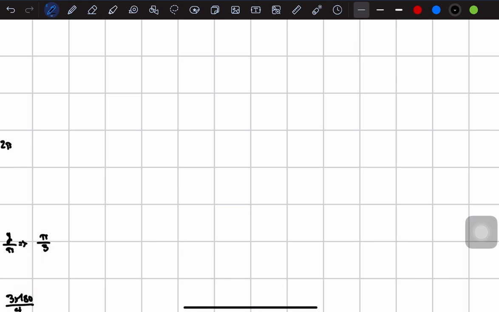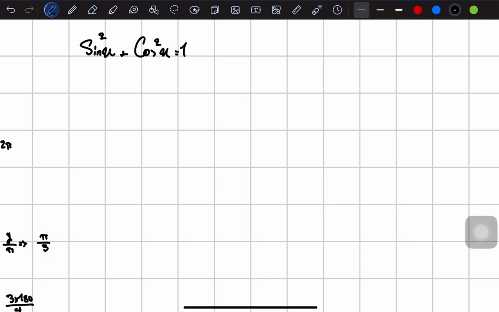One of them is sine of x with the power of 2 plus cosine with the power of 2 is equal to 1, which is simple.